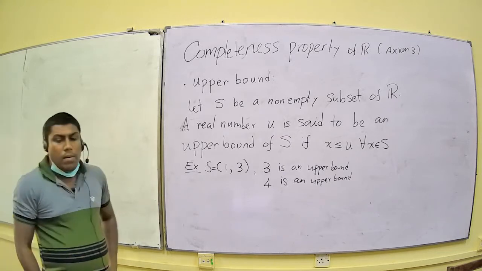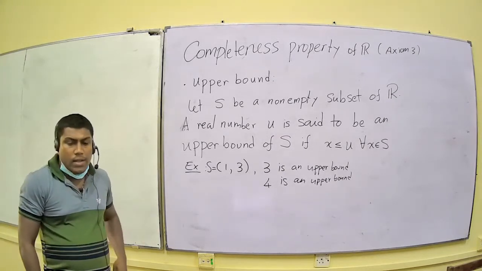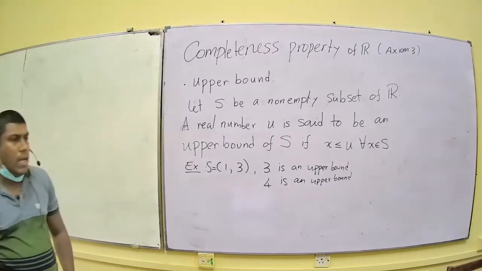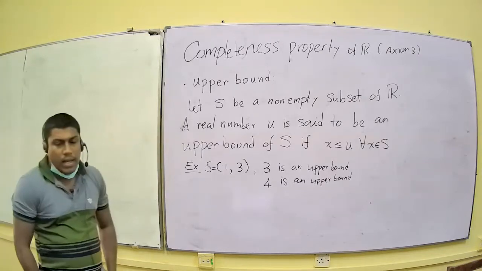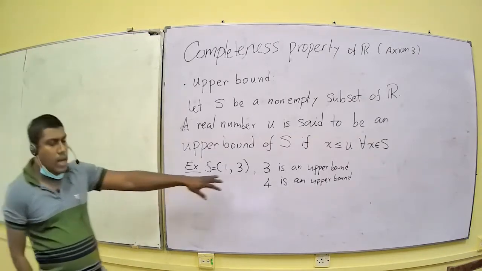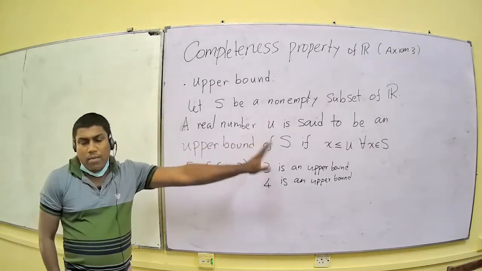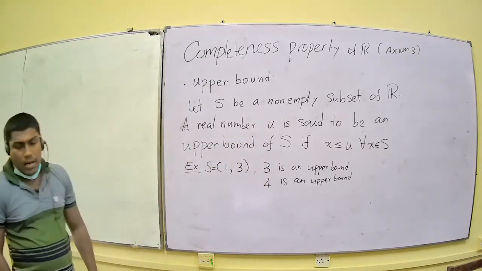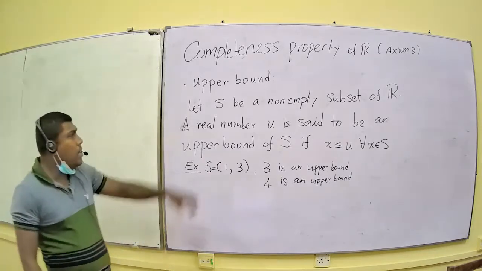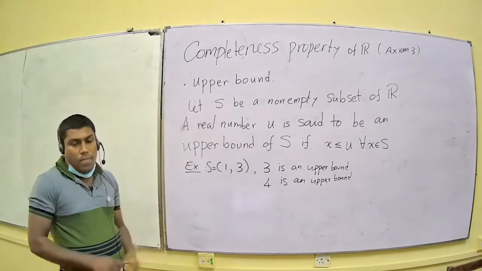Because it is basically a subset of real numbers, you write real numbers in increasing order; when you are writing an interval, you go from small to large. So once you get the interval, you can find several upper bounds for a subset S. That's the first terminology, upper bound.